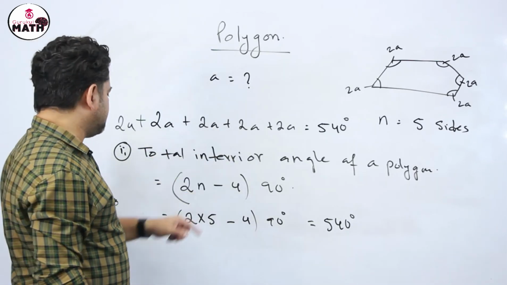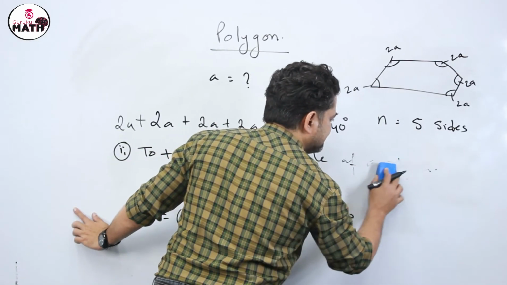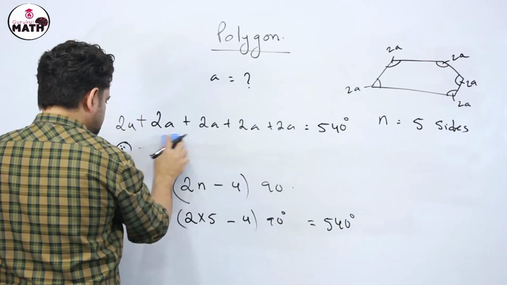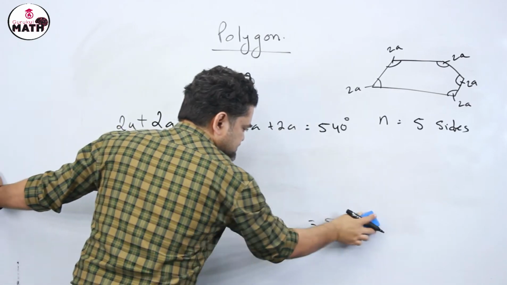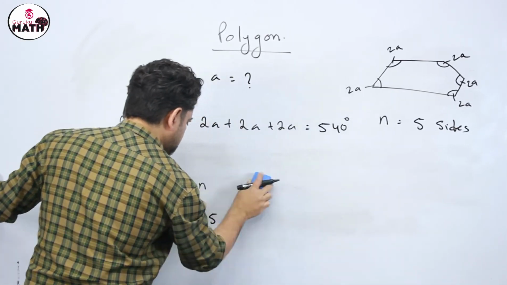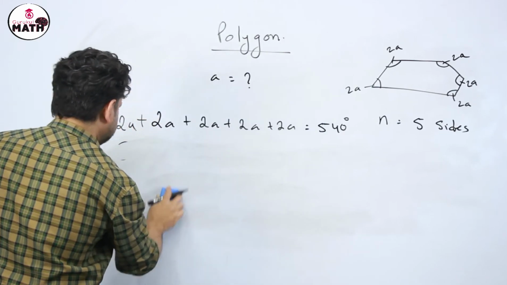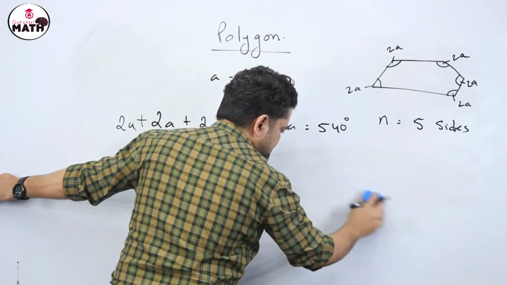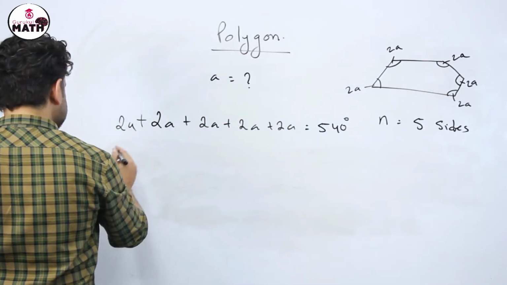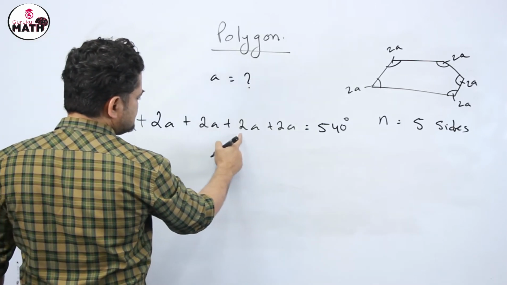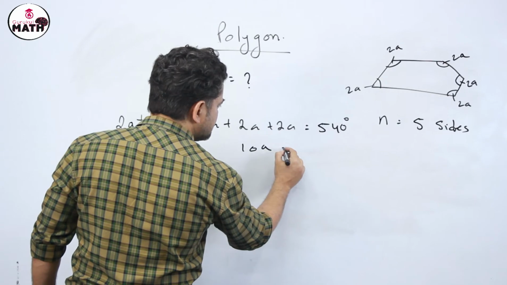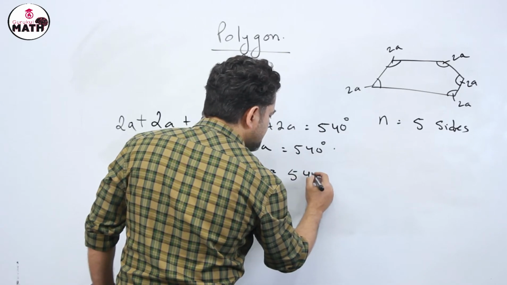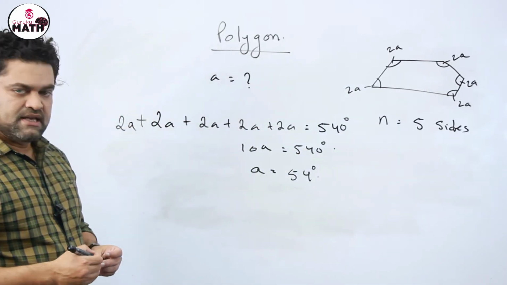If I sum up 2 plus 2 plus 2, 6 plus 2, 8 plus 2, 10, I can write 10A equals 540 degrees. Dividing by 10, A equals 54 degrees.